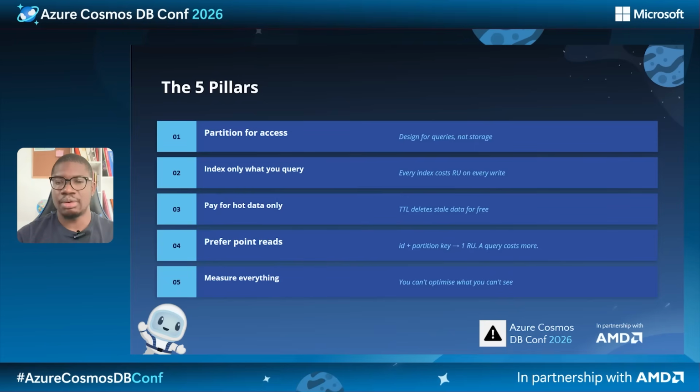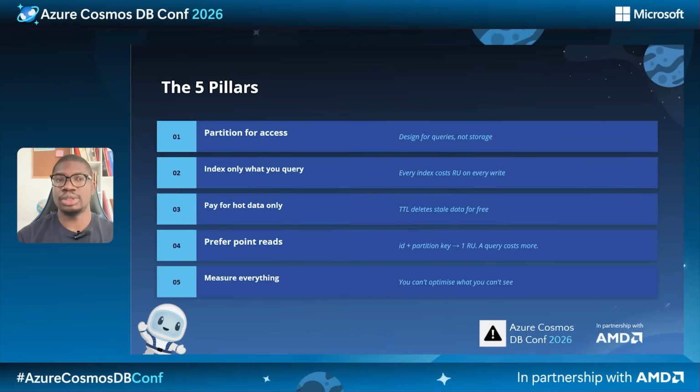To make this practical, I've reduced the lessons into 5 principles. These are the 5 pillars I'll leave with. Partition for access. Design for how you query, not how you store. Index only what you query. Pay for hot data only. TTL deletes stale data at 0 RU cost to you.